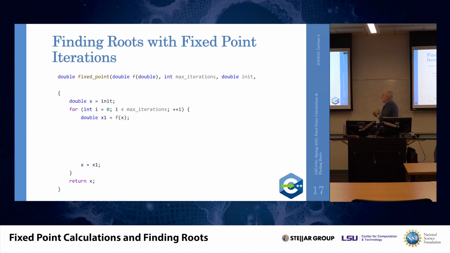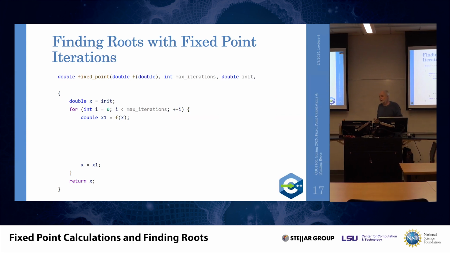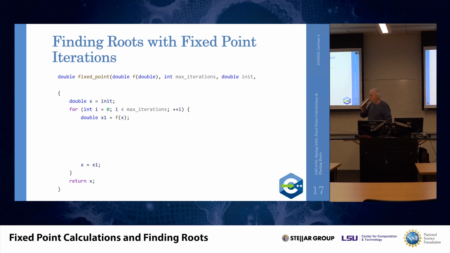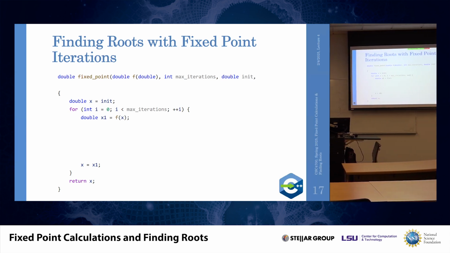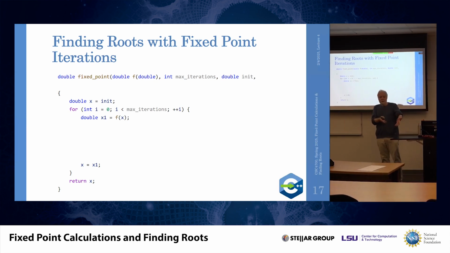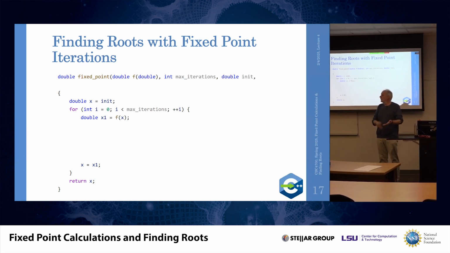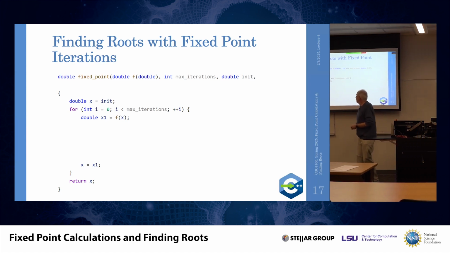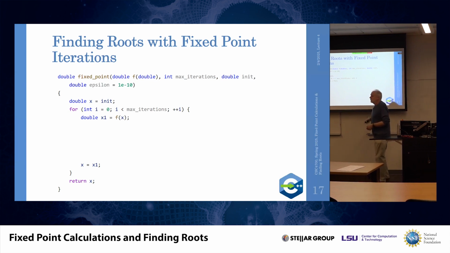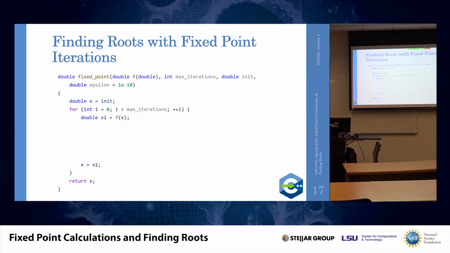Okay, so let's change our fixed point algorithm to support that, because what we now need is an additional termination condition. We need to be able to say, okay, I reached my result. There's no point in iterating further. The way we do that is we introduce another argument, let's call it epsilon.